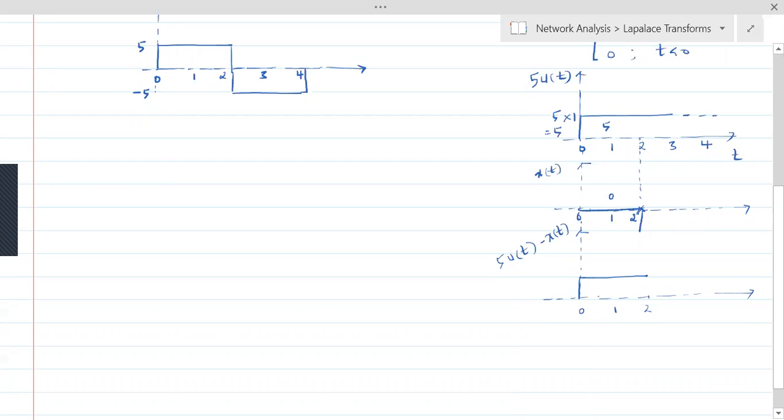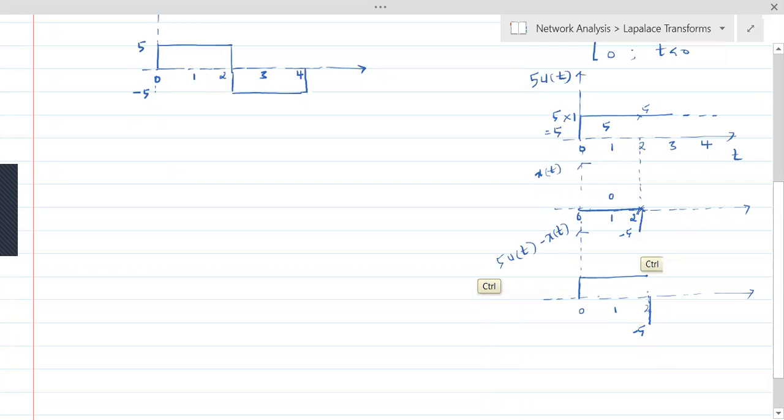So what do I need here? I need -5. So how to get -5 here? Everybody understand? How to get -5 here is the question. If this is 5, what would happen? 5 minus -5 would give you plus 10.